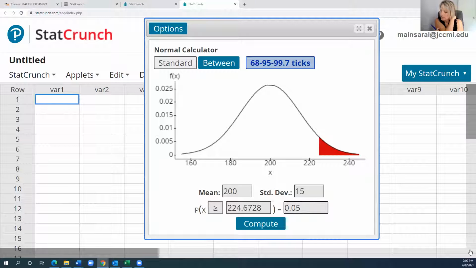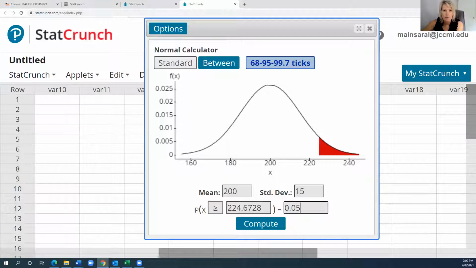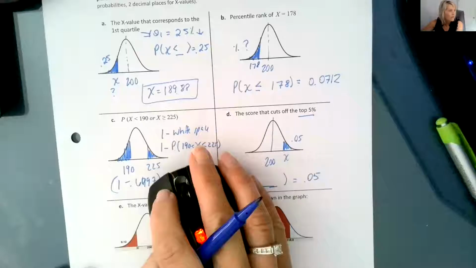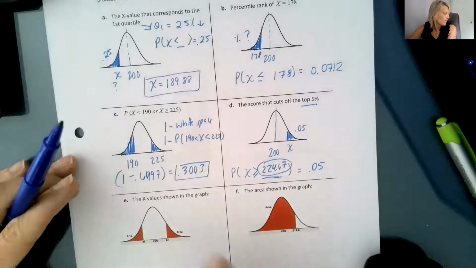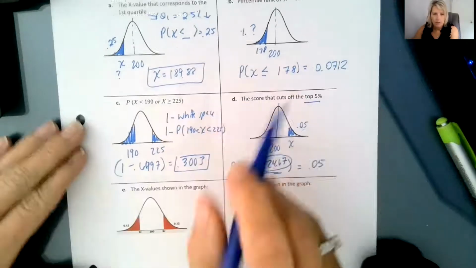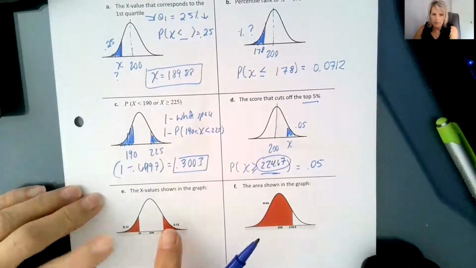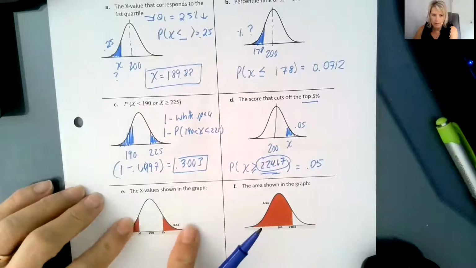So E says the X value shown in the graph. Okay, so on our paper here for E, we want the red.